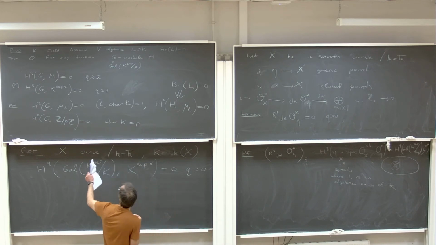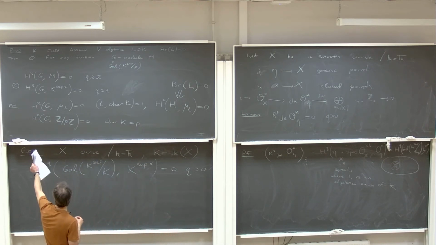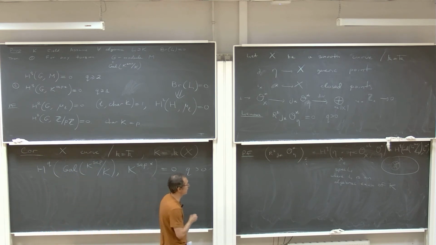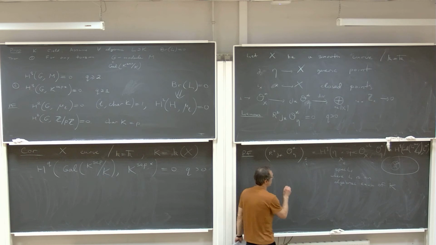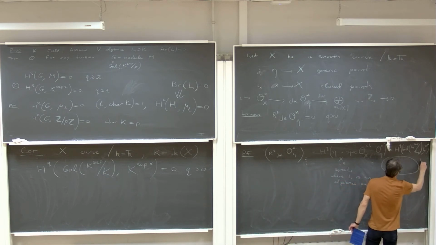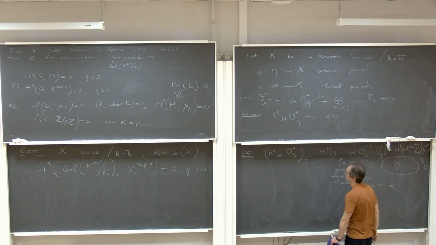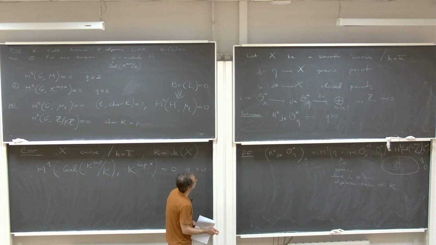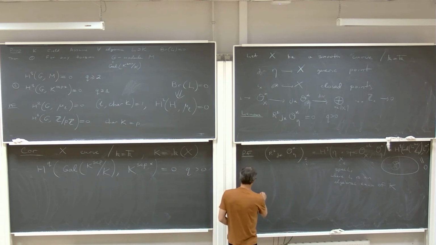Where is it? It was a corollary of this. Yeah, so you just replace K by L. It's an algebraic extension. So this is 0.